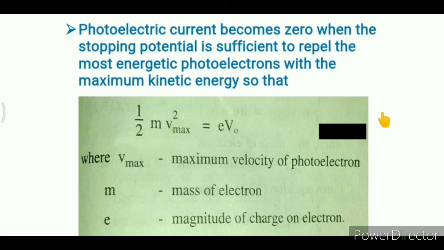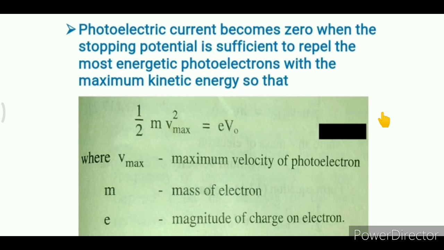But here what is to be done? A maximum possible negative potential is to be applied so that all the photoelectrons emitted from the emitter plate with sufficient kinetic energy are not reaching the collector plate. As I told you, each photoelectron is emitted with different kinetic energy.